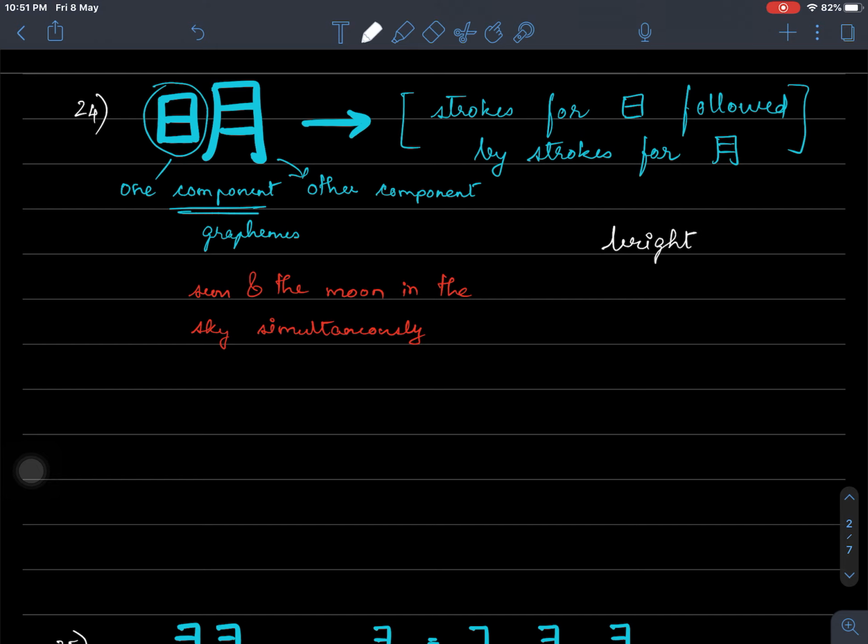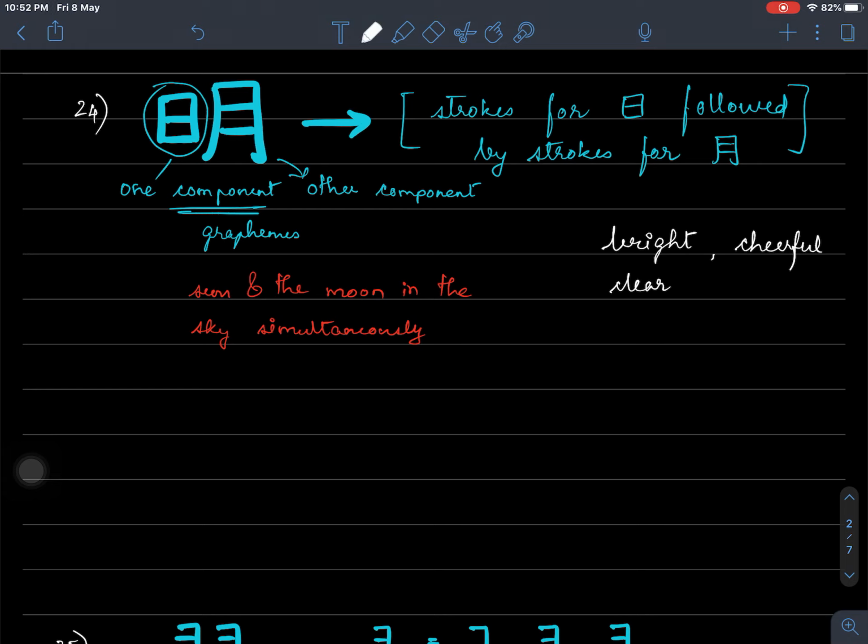So that is one of the meanings of this word. Now this word also carries the meaning of cheerful. And a third meaning is clear. Because imagine what the sky would be like if you had that kind of light. Wouldn't everything be very clear? If you can see both the sun and the moon simultaneously, it means that you don't have any clouds in the sky.